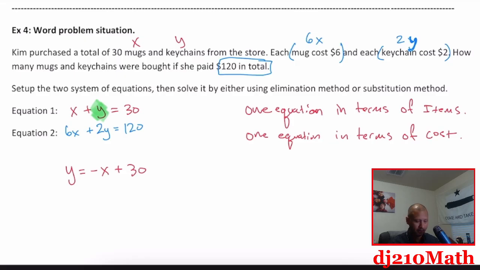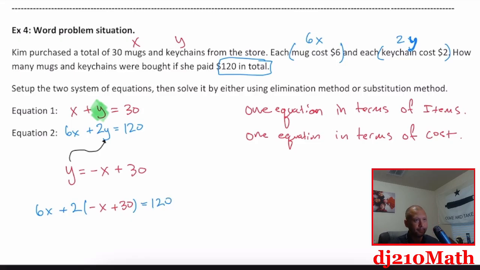And then I'm going to plug that into the other equation. So we're going to get 6x plus 2y. In this case, y is going to be negative x plus 30, which is equal to 120.